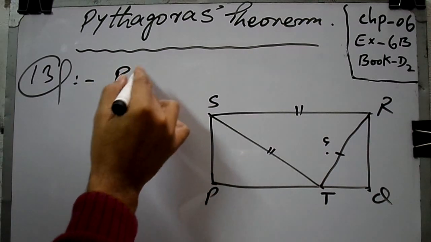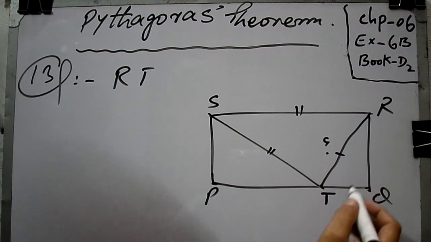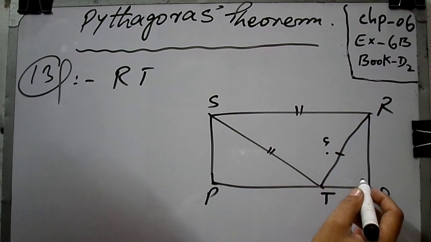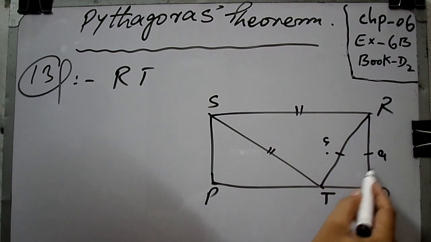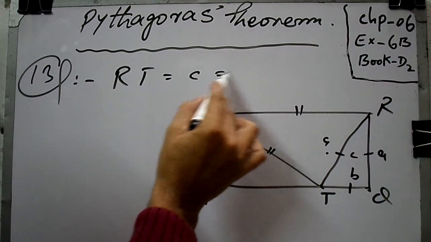So it means RT is equal to, if I take this triangle TQR, here that is your altitude A, that is your base B, and that is your C. So C is what we have to find.